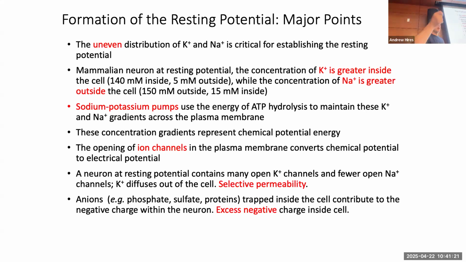Since we have many more potassium ion channels open than sodium channels open, potassium will tend to diffuse out of the cell, down its concentration gradient, until the inside of the cell is sufficiently negative so that the electrical gradient balances the chemical gradient. Okay.